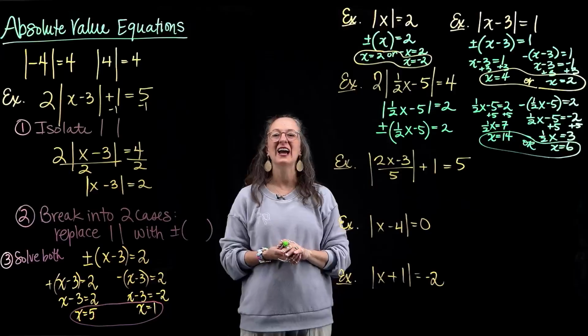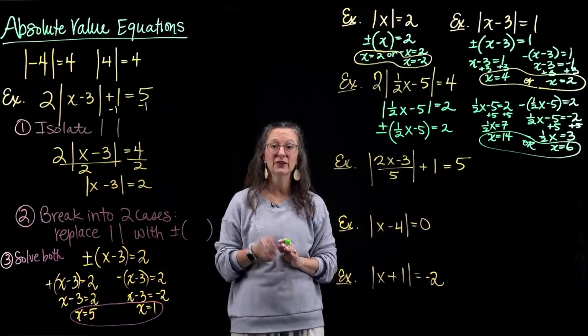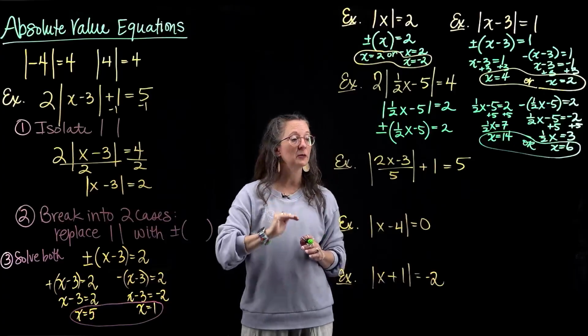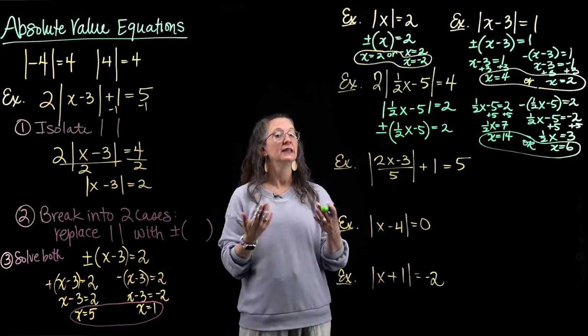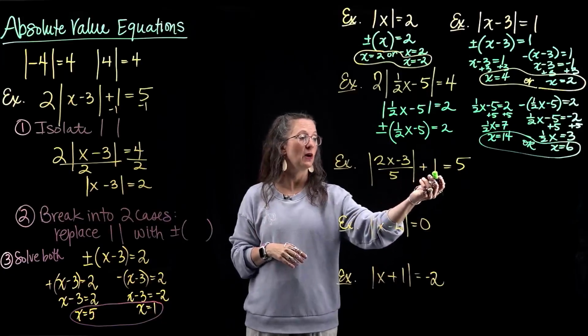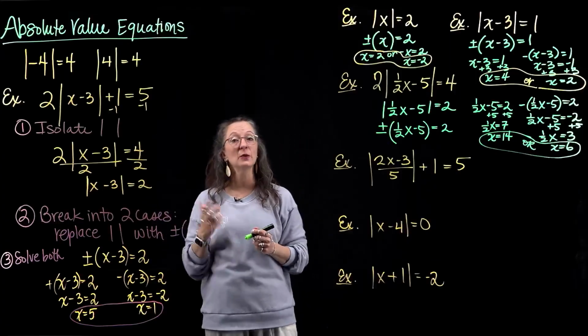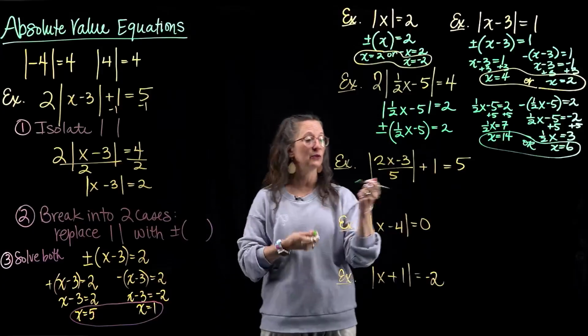So the next one, I have absolute value of a fraction. It's 2x minus 3 divided by 5, and then outside that absolute value, plus 1 is equal to 5. Now our first step is still the same. We need to isolate that absolute value.